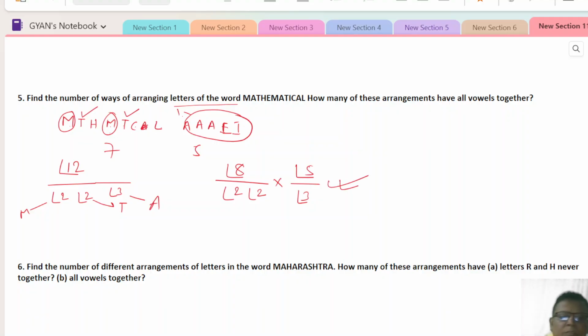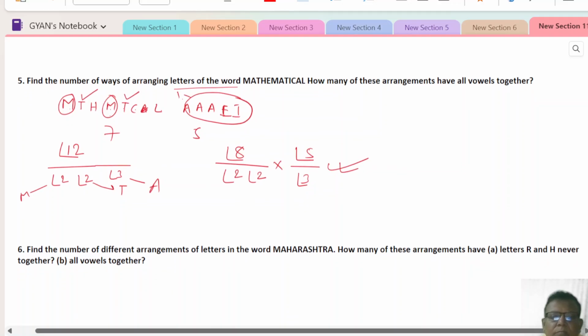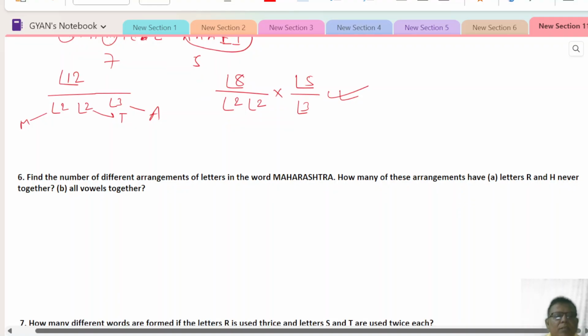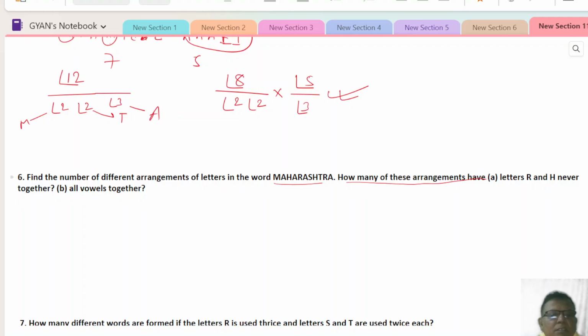Now come to question number 6. MAHARASHTRA. How many of these arrangements can have letters R and H never together? So first you make it without any condition.